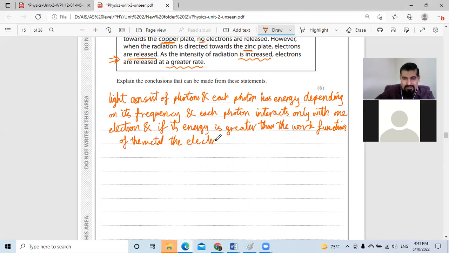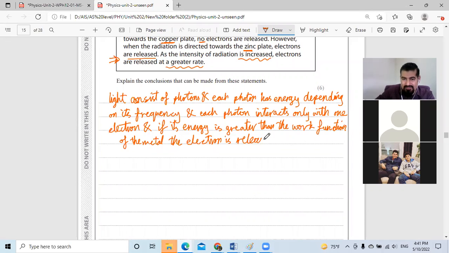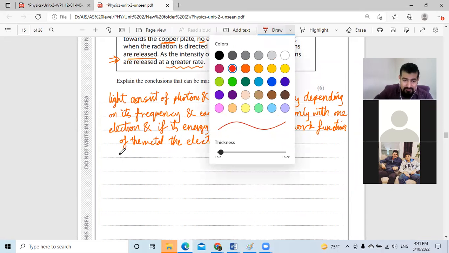This is the initial statement that you start with when talking about the photoelectric effect. So we are going to continue now.